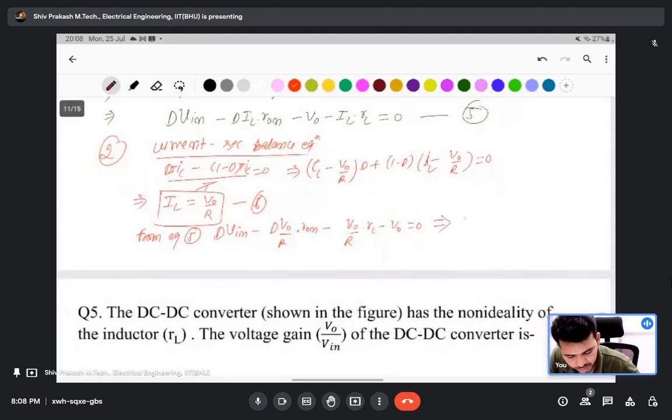Simplify to find V naught. V naught is equal to D V in divided by, if you solve this, 1 plus RL by R plus D R on by R.